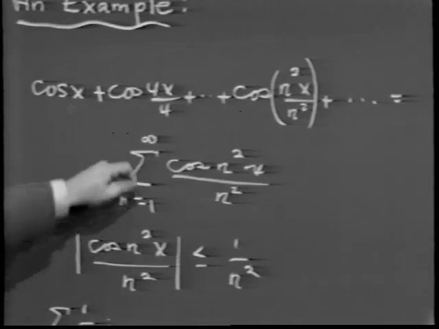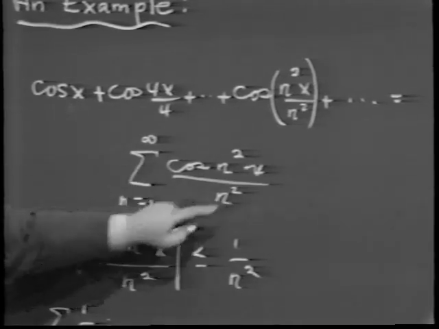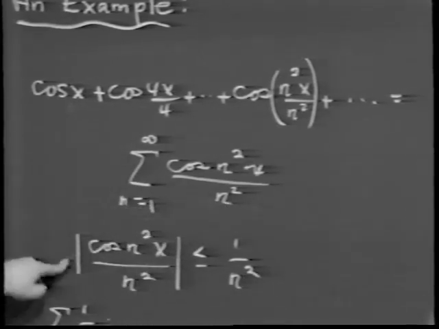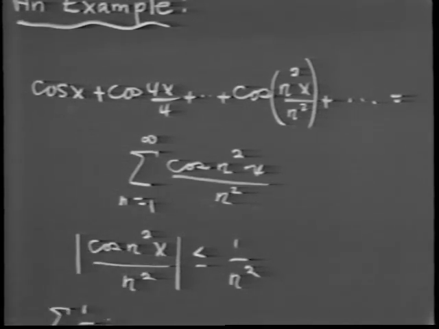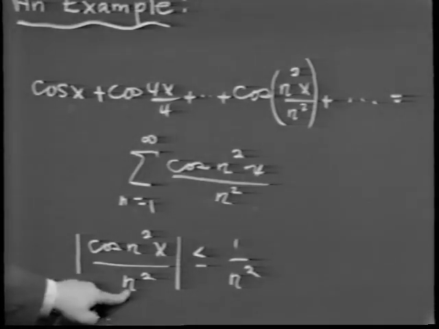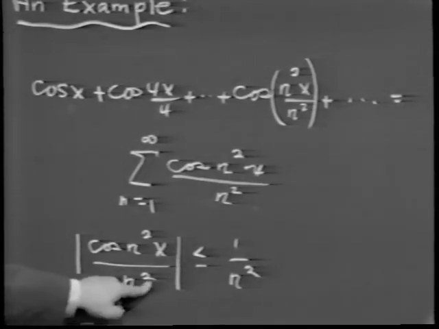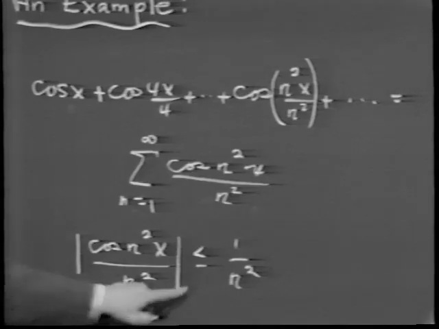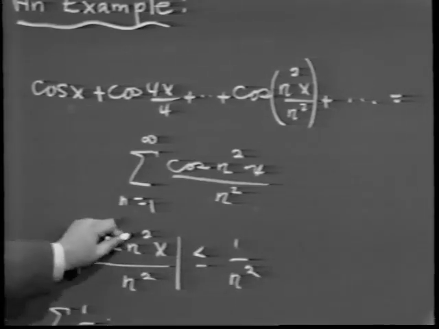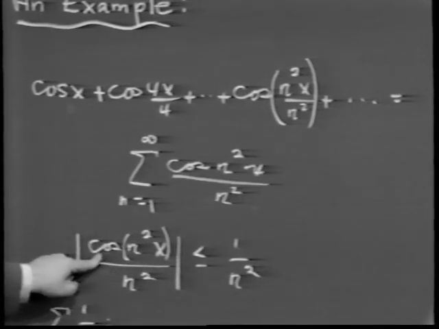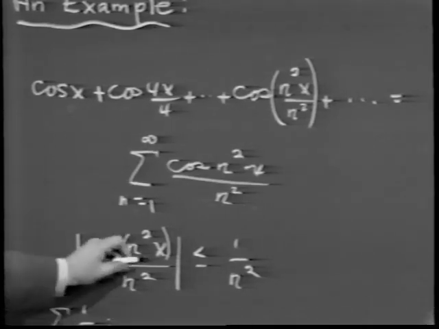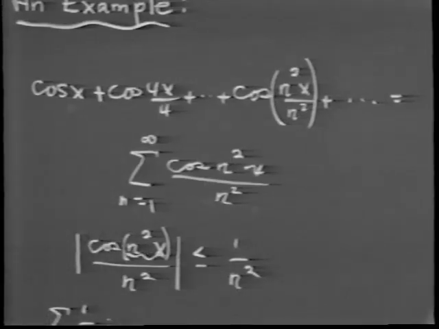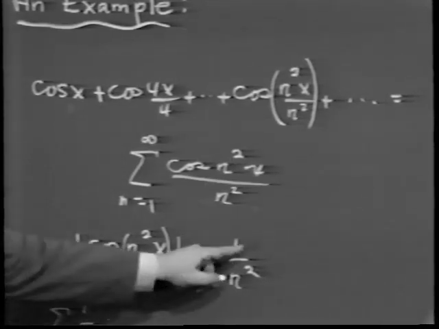And here's how the Weierstrass M test works. We look at the absolute value of the term making up this particular series. See, the absolute value of cosine n squared x over n squared. Now let's take a look at this. Since n is an integer, n squared is positive, so the absolute value of n squared is still n squared. Since the cosine has to be between -1 and 1, the magnitude of the cosine, regardless of the value of n squared x, is less than or equal to 1.